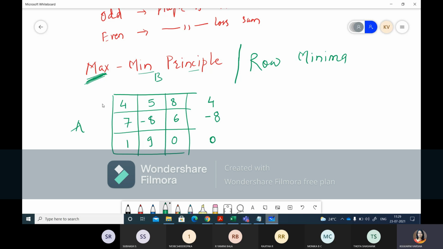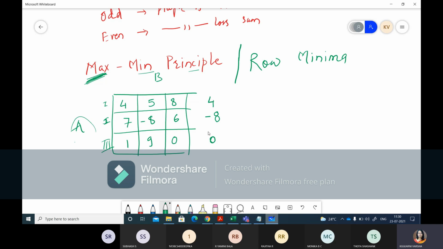That means he has strategy 1, strategy 2 and strategy 3, the three different strategies for player A. From the first, the minimum gain he will get is 4, from the second it is -8, and from the third it is 0.